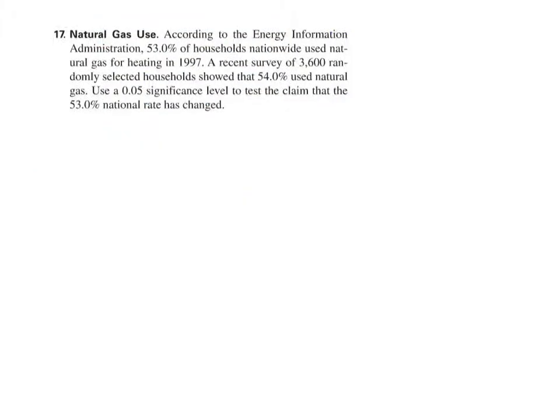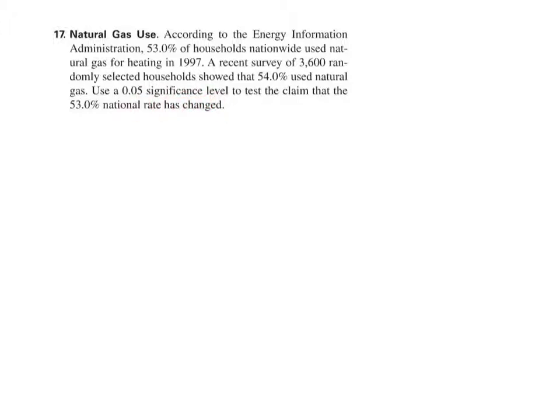Okay. So this problem from section 9.3, they're telling us that according to the Energy Information Administration, 53% of households nationwide used natural gas for heating back in 97. Then a current survey showed 54%. We're trying to show that the rates change.